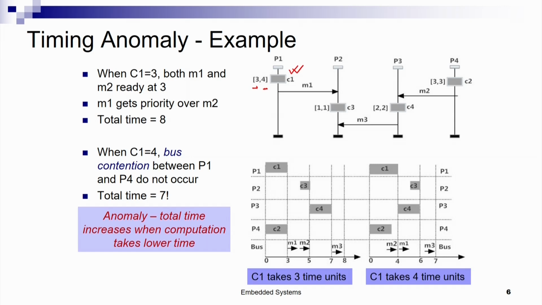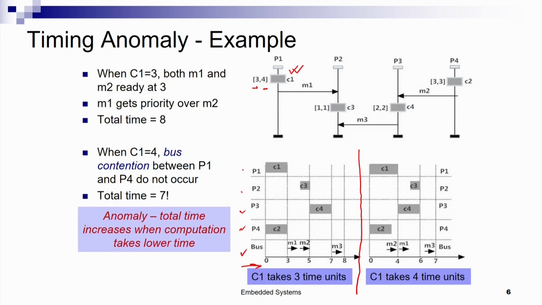This is the case in which task 1 takes 3 units of time. On the x axis we have the progression of time. These are the 4 processing elements and this one is the bus.